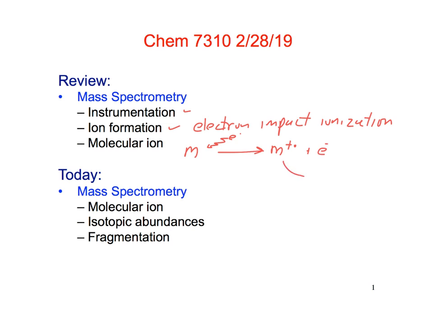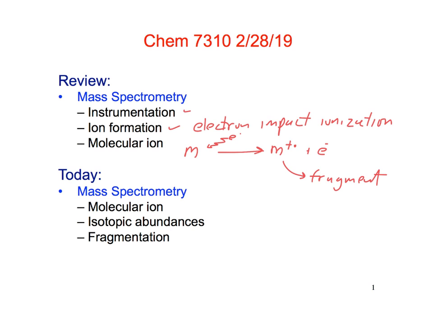That molecular ion can then fragment to give fragment ions. Okay, so we get a mixture of these ions, and those ions then need to be separated.